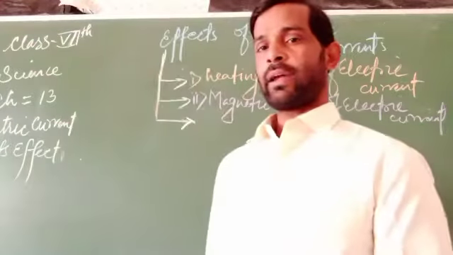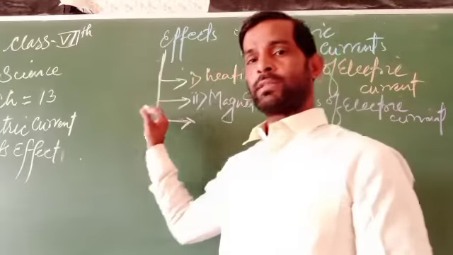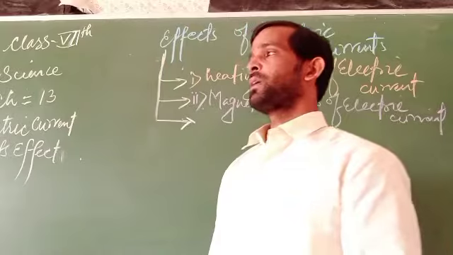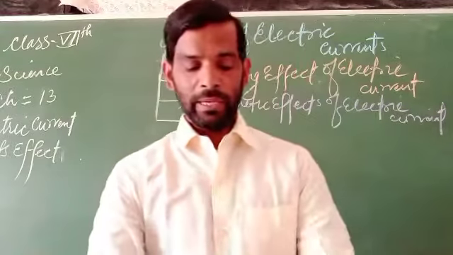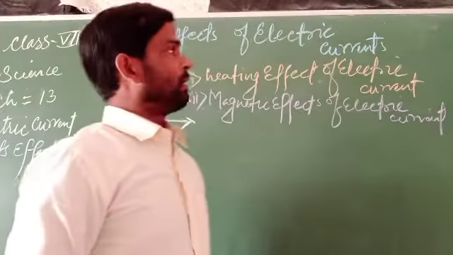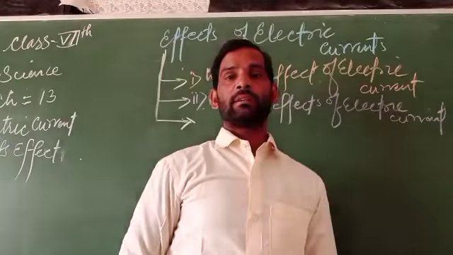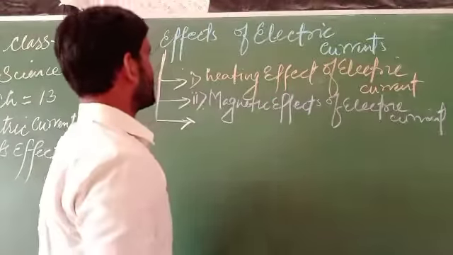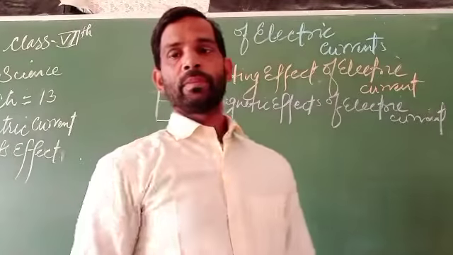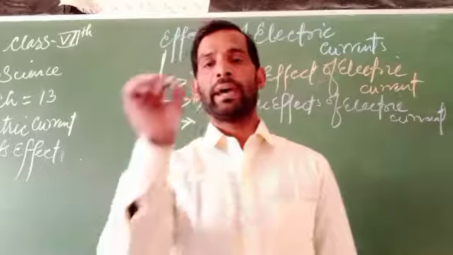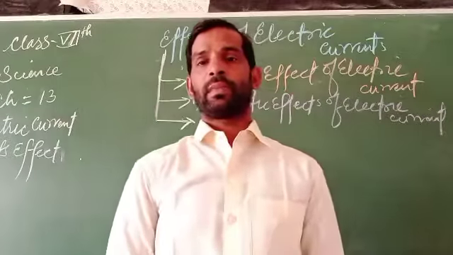So the second one is the magnetic effect, the first one is the heating effect, and the last one is what? The third one we can say is the chemical effect. In a chemical there are anions and cations, in which the electric current produces an effect.